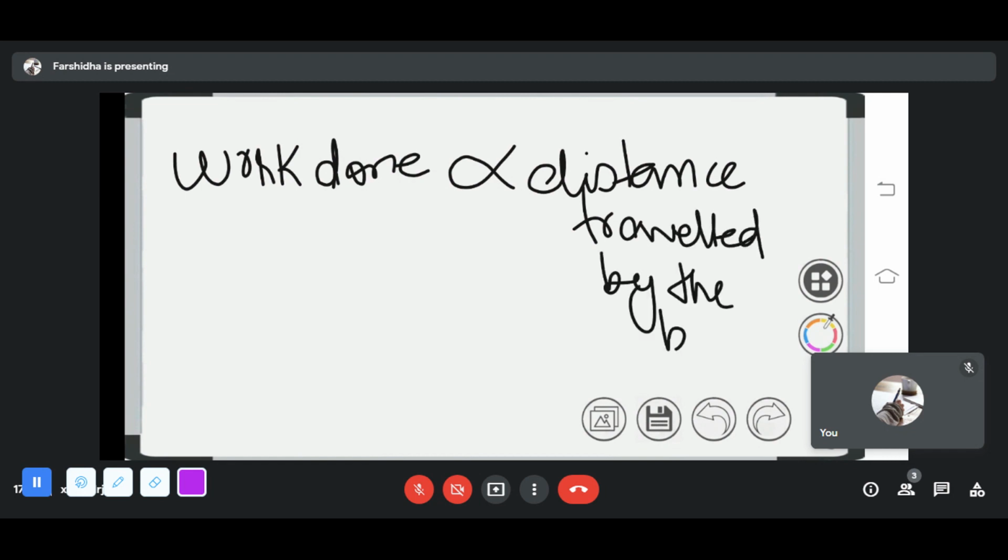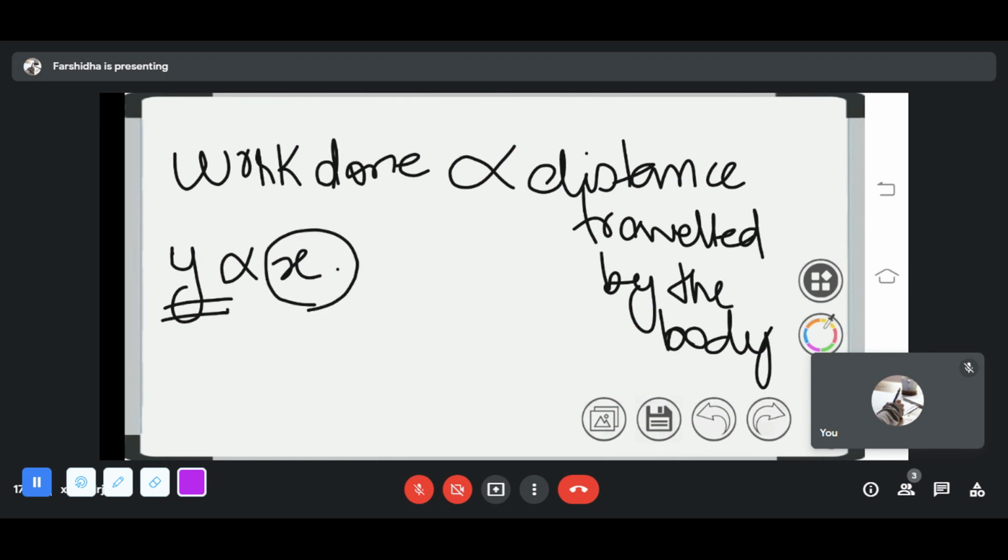So you can write y is directly proportional to x. Y is the force applied on the body. X is the distance traveled by the body. Since work done is directly proportional to the distance traveled by the body, y is directly proportional to x.